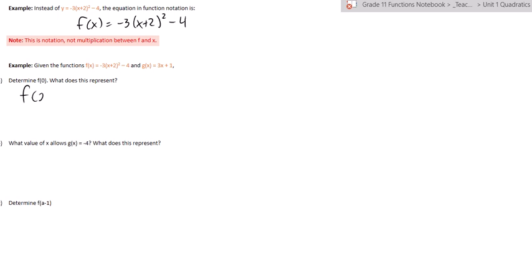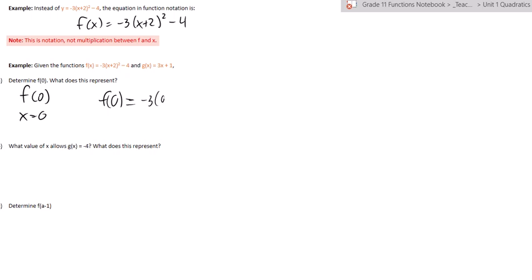So f of 0 is the same thing as saying x equals 0. So you would substitute 0 into your equation. And we write it like this: f of 0 is equal to -3(0 + 2)² - 4.